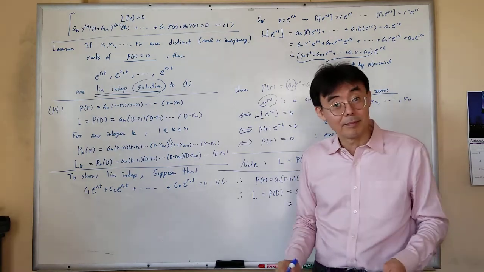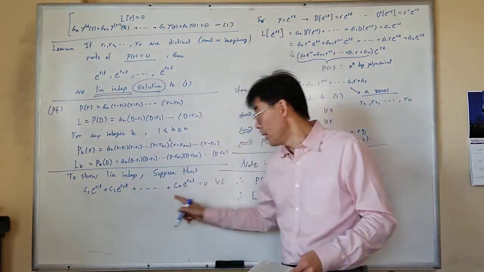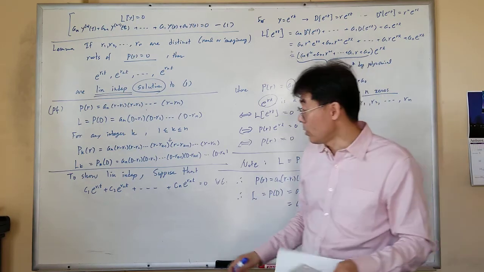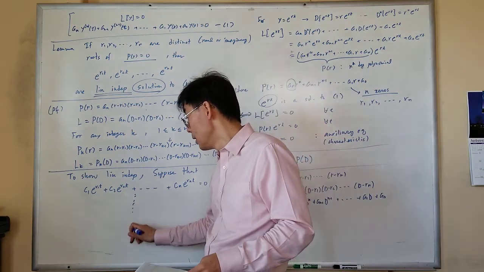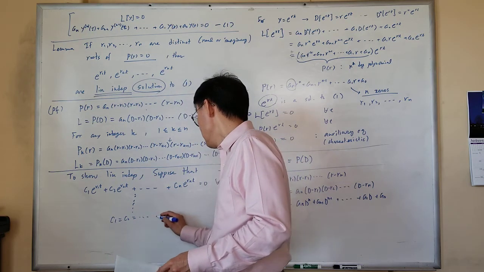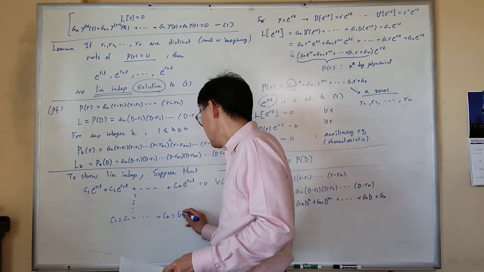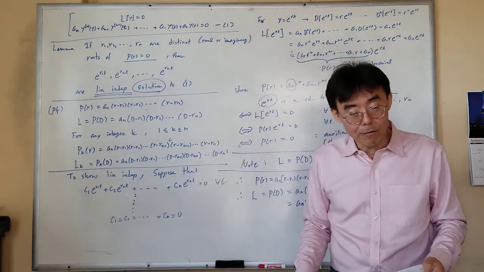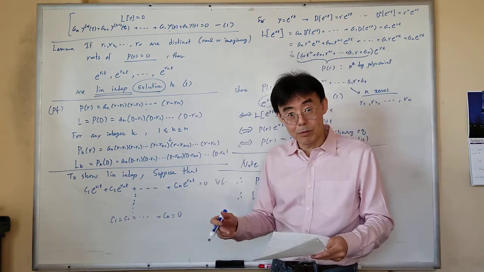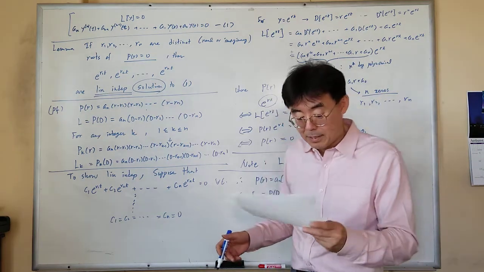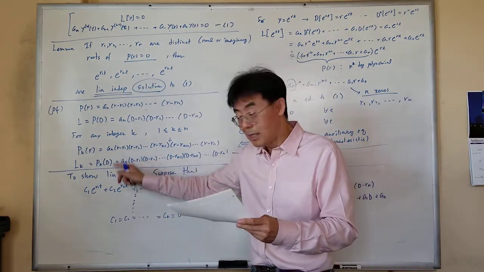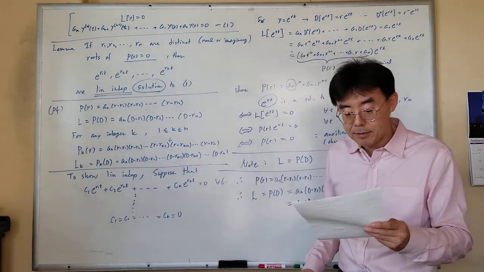Let's say you have a magically disappearing linear combination. Then what we want is somehow to show that this means only one thing, that every coefficient must have been zero. That's what we want to prove. So let's do that using this clever operator.